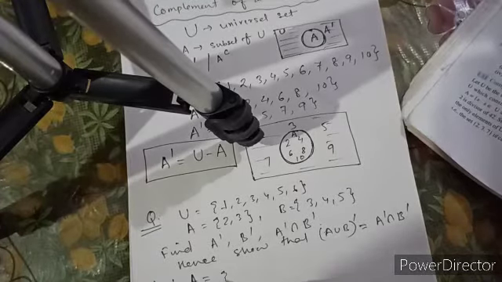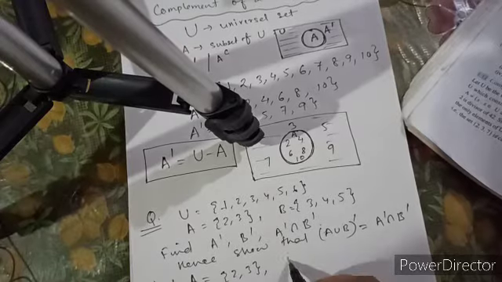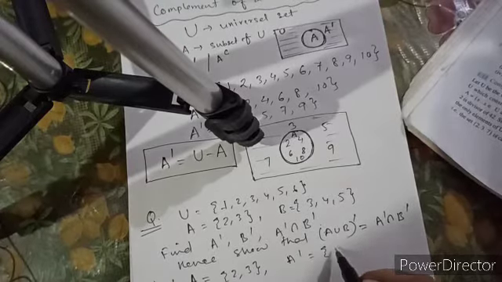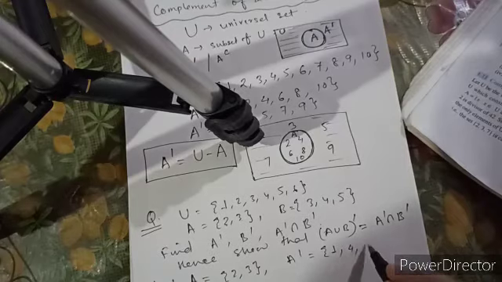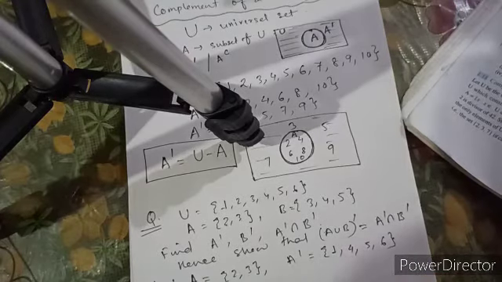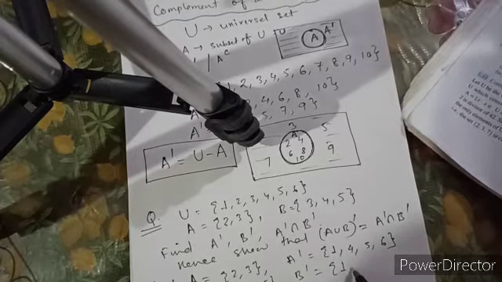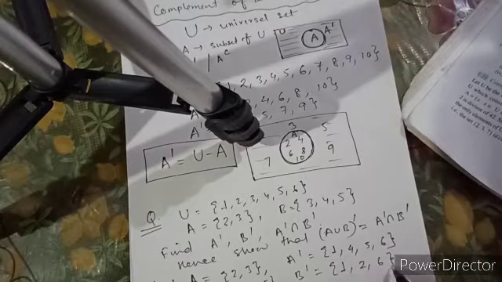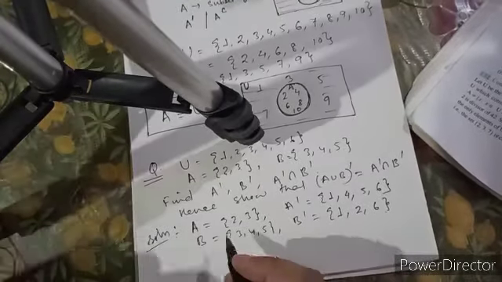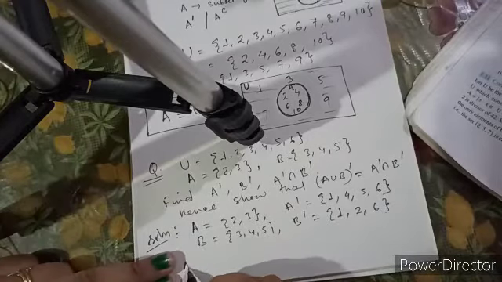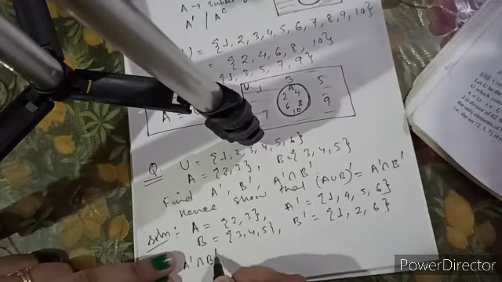A is 2 comma 3, so A dash will be 1 4 5 and 6. B is 3 4 and 5, so B dash will be 1 2 and 6. Next is A dash intersection B dash.